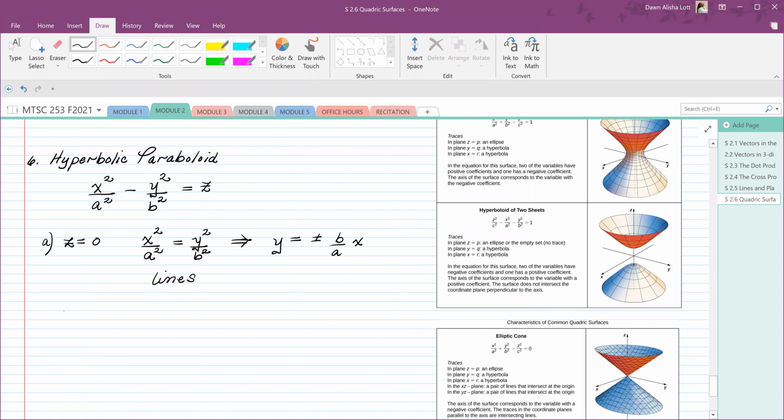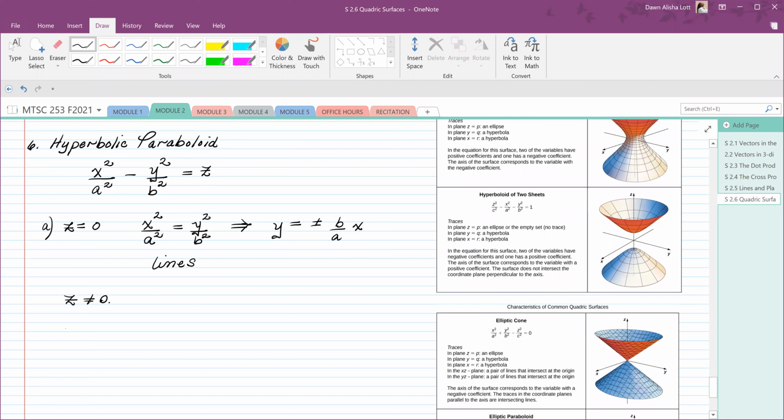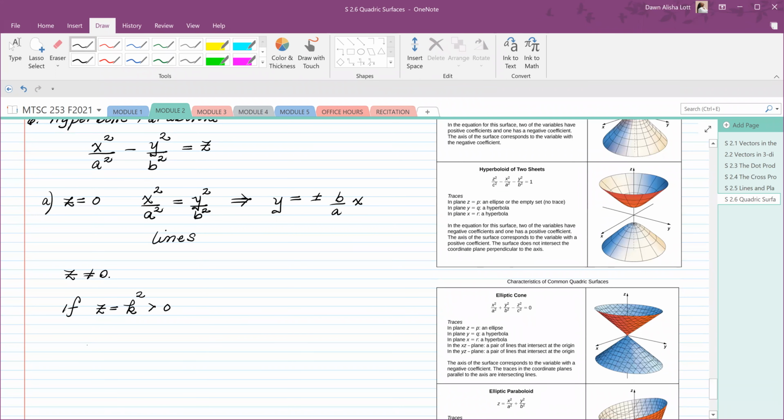But suppose z is not equal to 0. Well, if z is equal to some k squared, so it's a positive number, then you get x squared over a squared minus y squared over b squared is equal to k squared, otherwise known as x squared over ak squared minus y squared over bk squared is equal to 1.